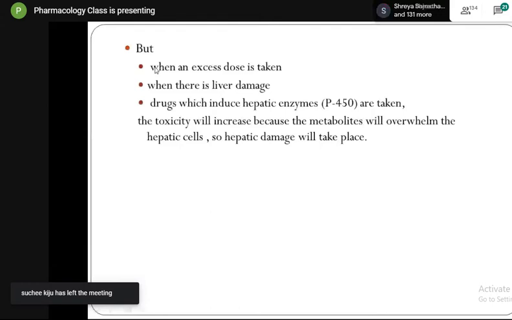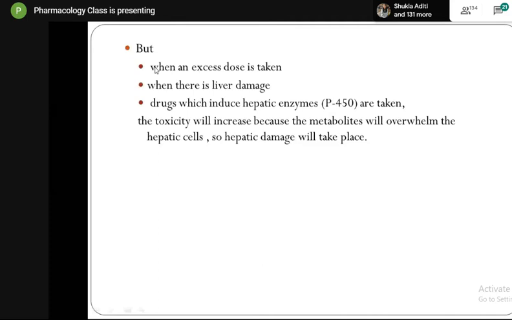But if you are taking drugs at very high doses, the excess toxic products will not be metabolized because of the limited number of metabolic enzymes the liver has.